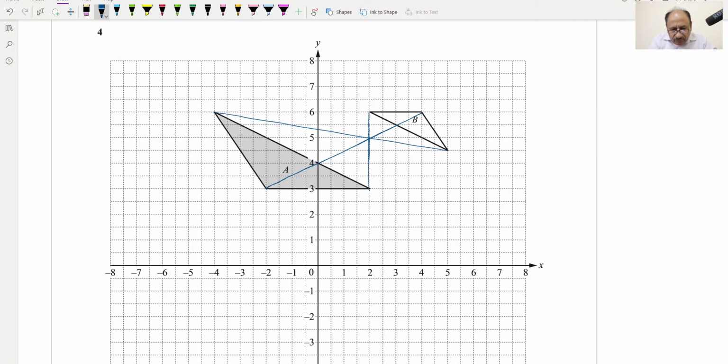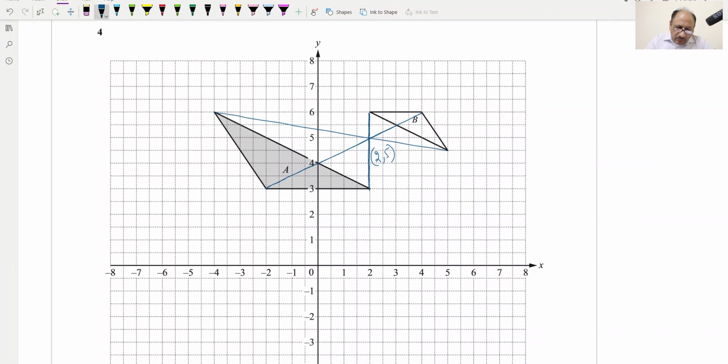Hopefully you understood this, and this is the center of enlargement. If I write this one, this is 2 and 5. So 2 and 5 will be the center.